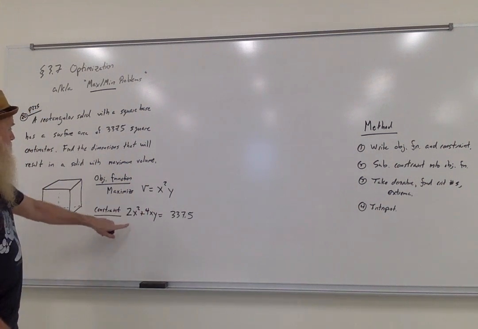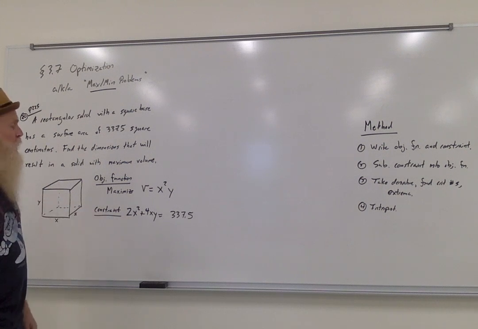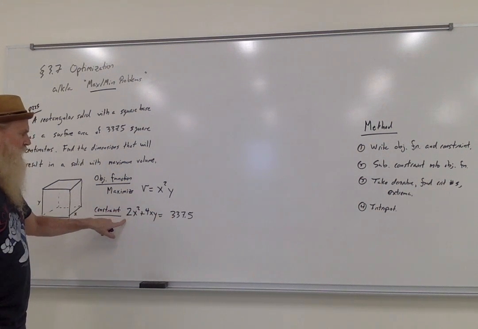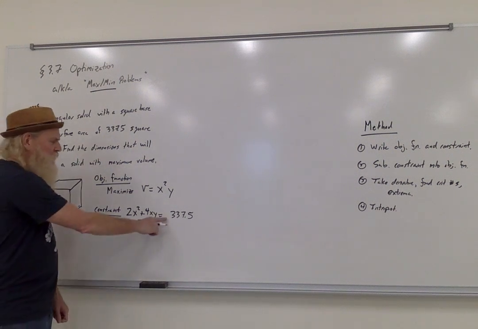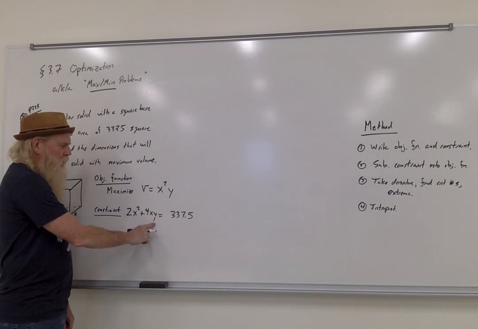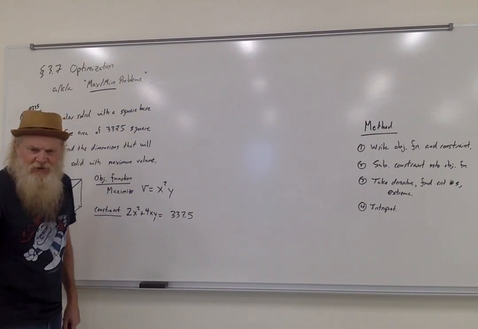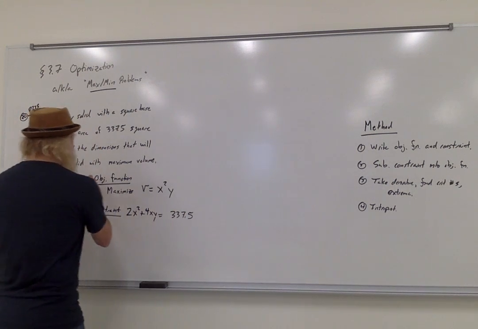Step 2 is to solve for one of the variables in the constraint and substitute into the objective function. Notice here it's going to be much easier to solve for y than for x. So let's do that. This was step 1.